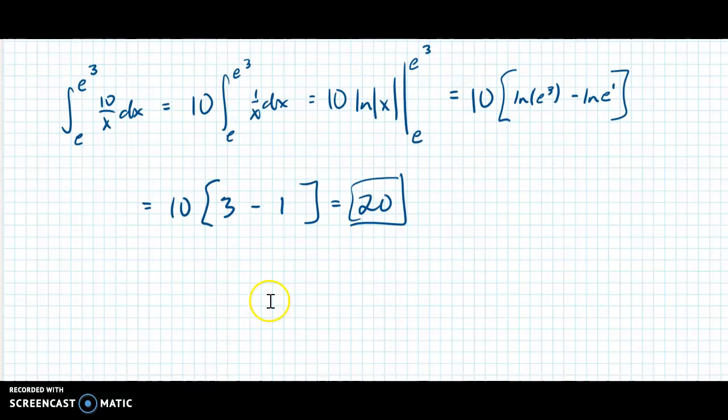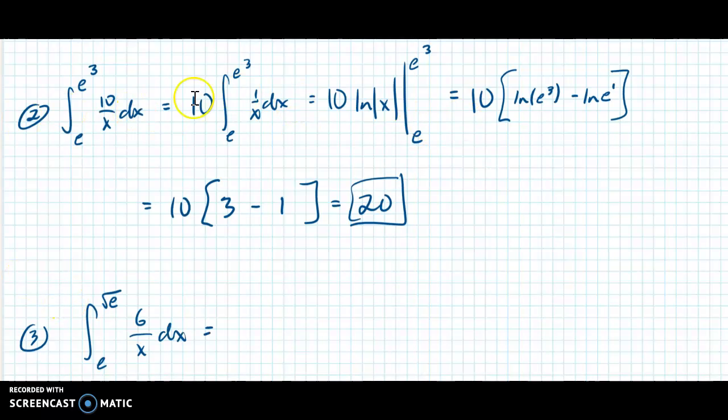Let's do another one. We will do, this was number 2, this is number 3. We will do the integral from e to root e of 6 over x dx.